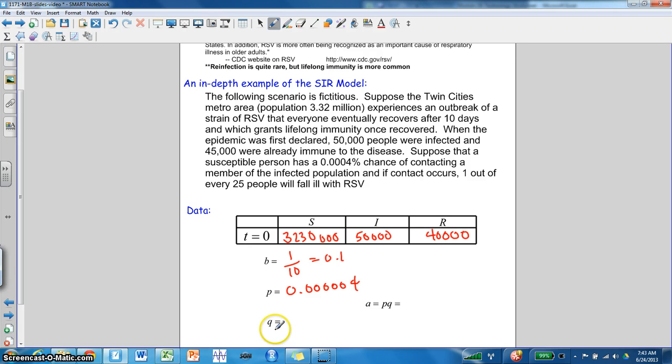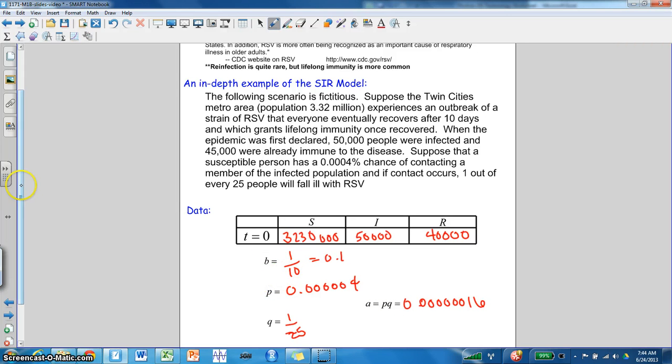Q, the chance of falling ill with the disease if you are in contact, is 1 out of 25. Then our transmission coefficient is the product of these two, and when you do that arithmetic you get 0.0000016. So we know our transmission coefficient and our recovery coefficient.